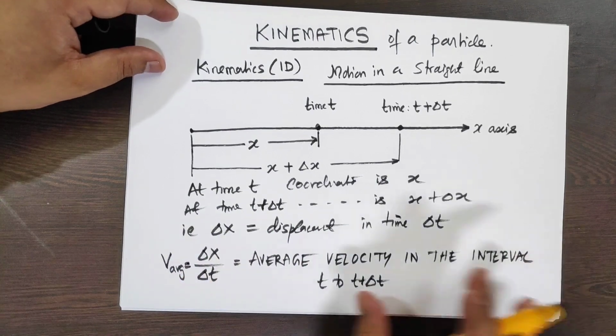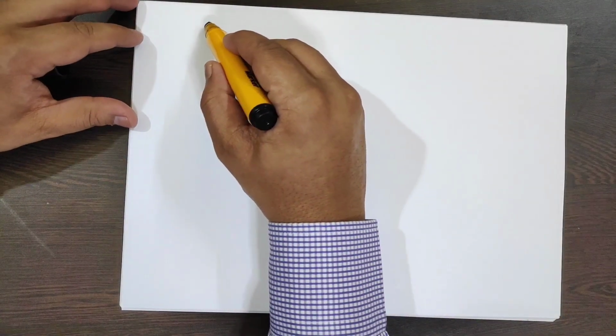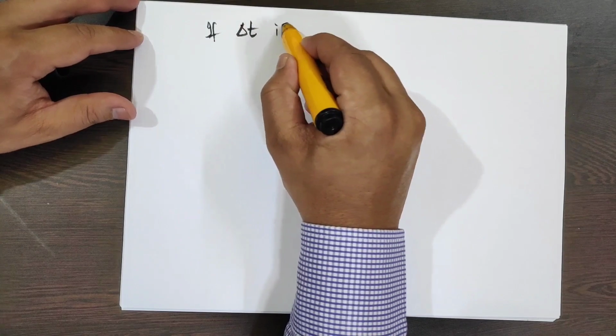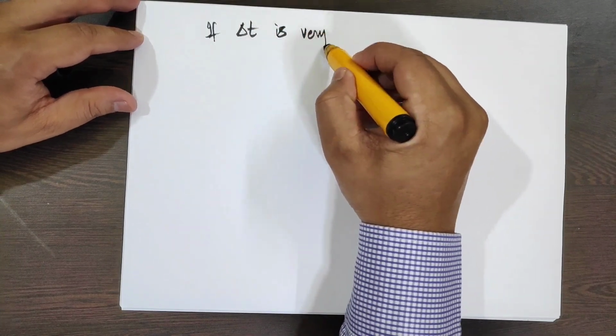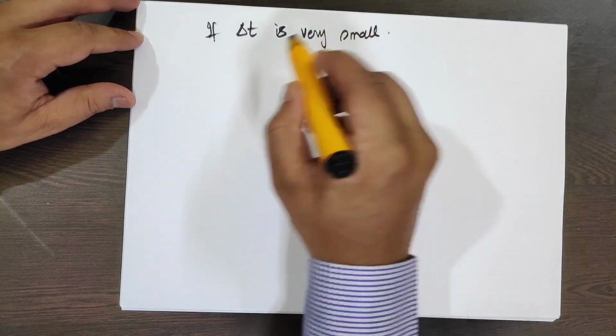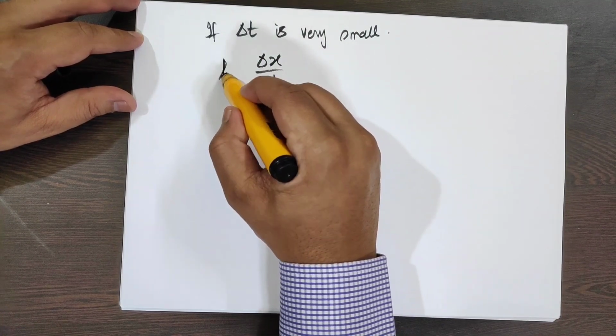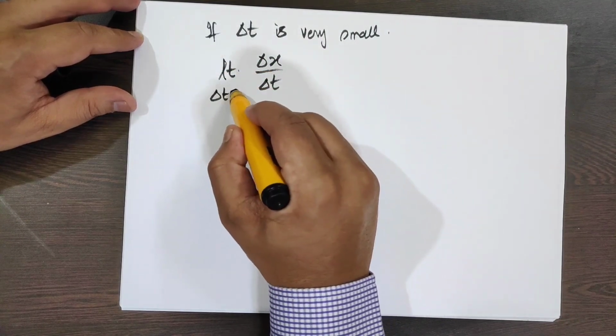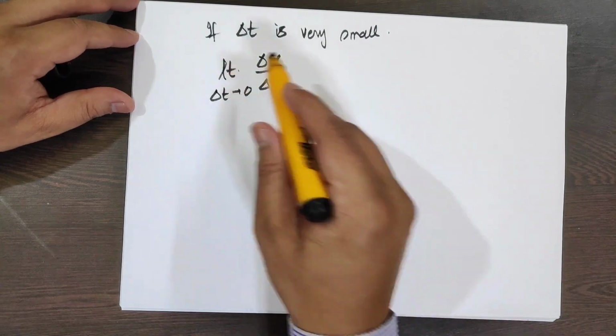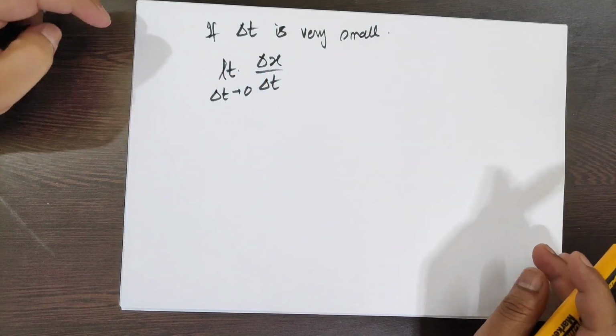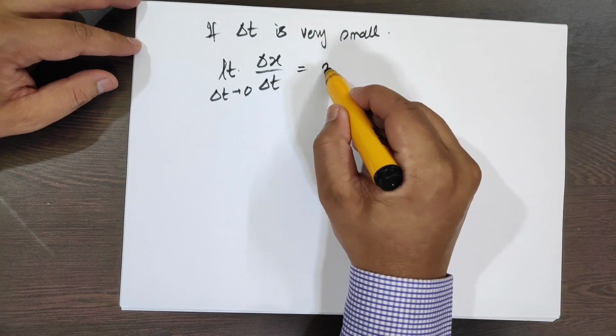So if delta t is very small, then delta x by delta t, now I will put a limit, delta t tends to 0, as we have discussed in our basic calculus class. So this is equal to v.